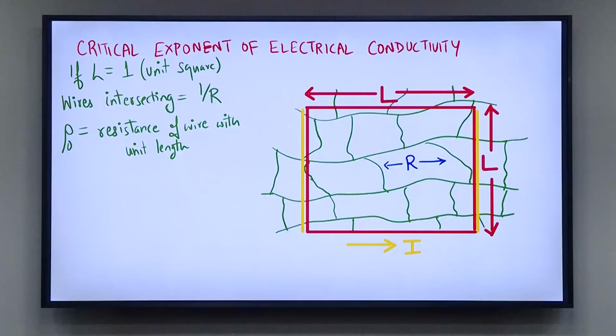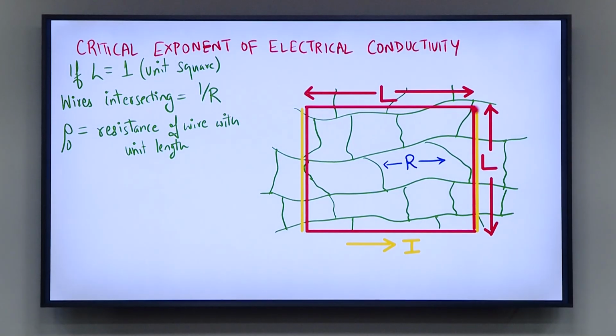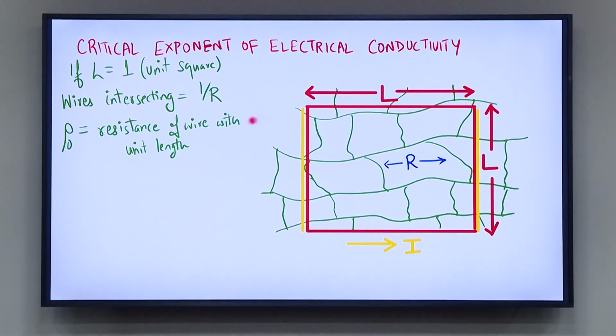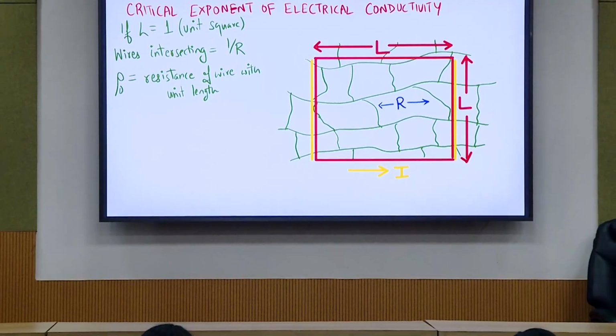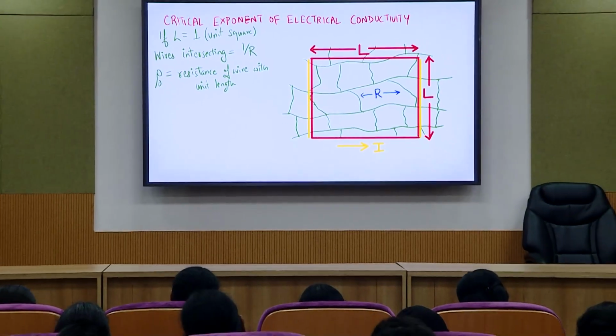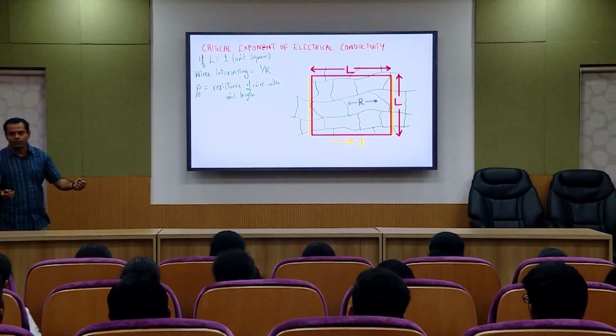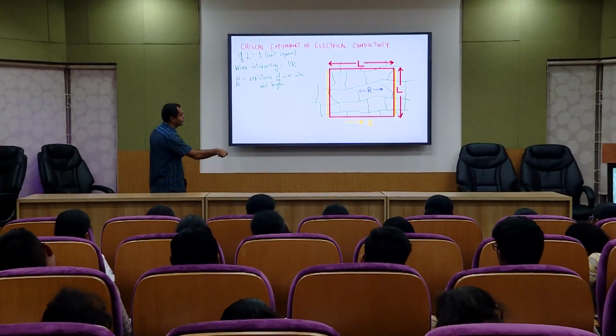This problem can be extended to the idea of electrical conductivity, so that from an abstract problem you can actually get a feel of something which is closer to the real experiential world. Let's take this to be a unit square, and we want to know what's the resistance of this square just at the percolation threshold, where an infinite cluster has formed, that is, this fishnet has been thrown.